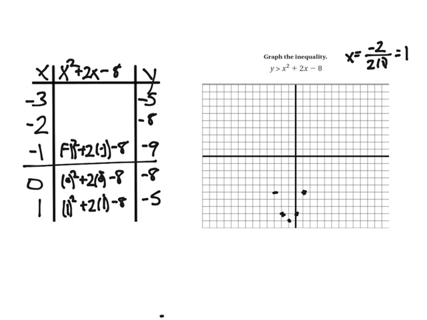And again, this would be a dotted line because of the greater than sign. And then since it's all greater than the vertex, it will be shaded inside.